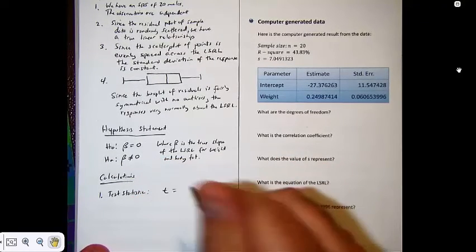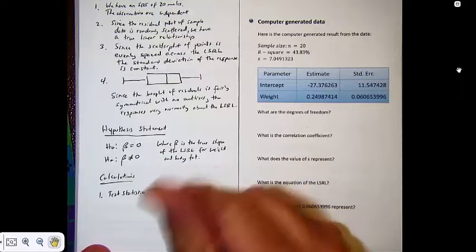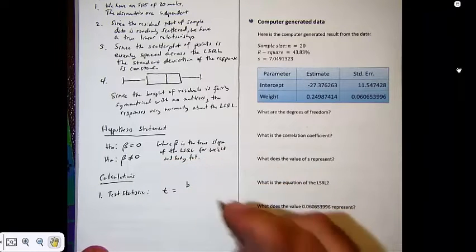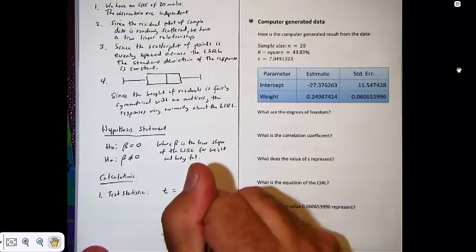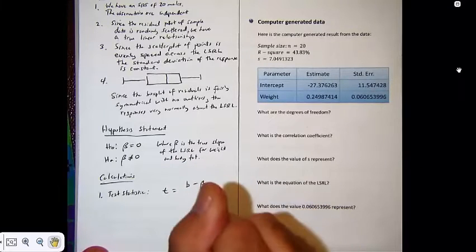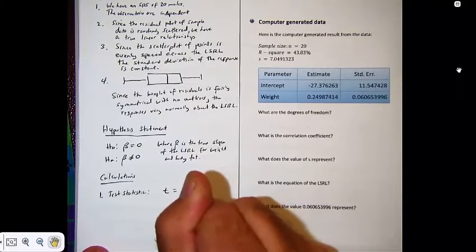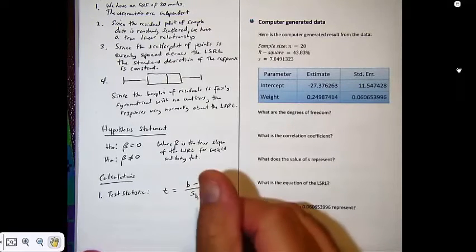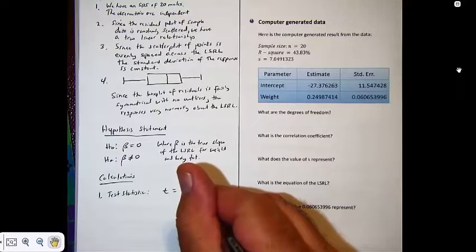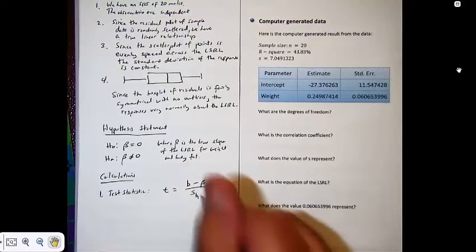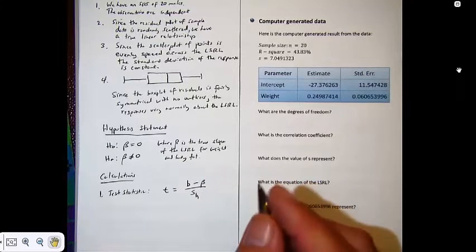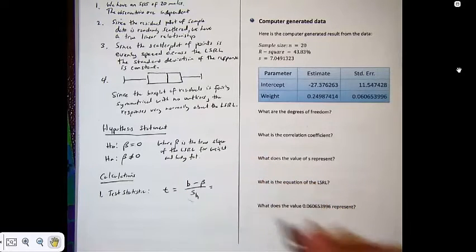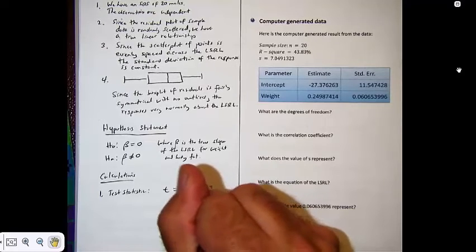The estimate we're going to use to estimate the slope is b, based off of our sample data, the slope of the least squares regression line from our sample data, minus beta that we assume in the null hypothesis, divided by s sub b sub 1, which is the standard deviation of b, our statistic we're using to estimate the parameter here. Now, we can fill all the pieces in except for this standard deviation piece, and I'm going to show you how we can kind of work backwards into that.